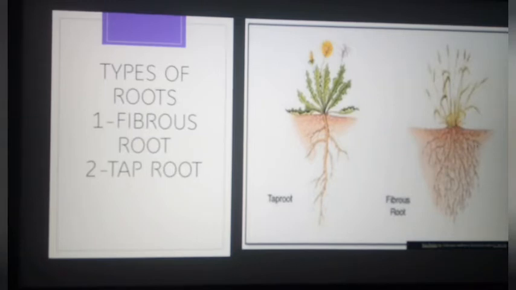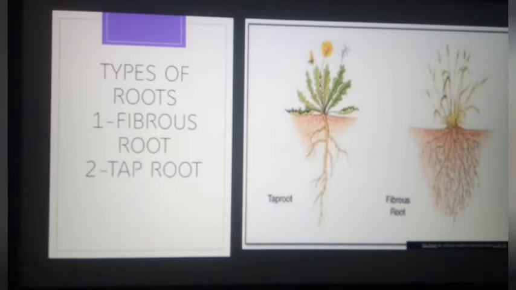As you can see in the picture, taproot has the main thick root, and some small branches come out. But fibrous roots look bushy, meaning small and very thin thread structures you can see. So this is the difference between the two types of root, taproot and fibrous root.